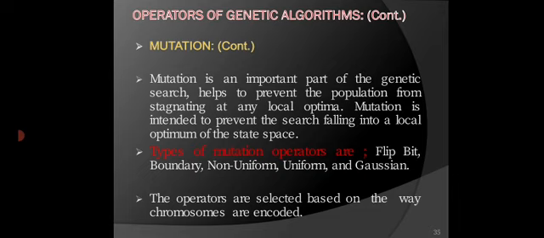Mutation is intended to prevent the search from falling into a local optima of the state space. The types of mutation operators are flip bit, boundary, non-uniform, uniform, and Gaussian. The operators are selected based on the way chromosomes are encoded. So based on encoding methods, different operator methods are used.